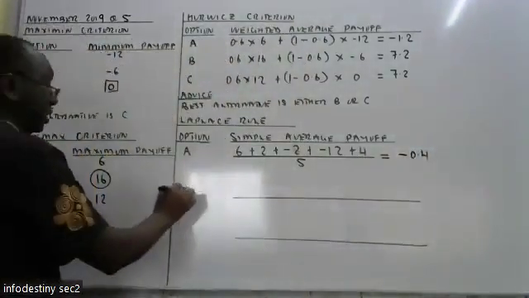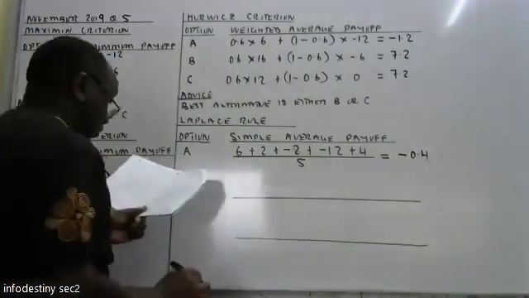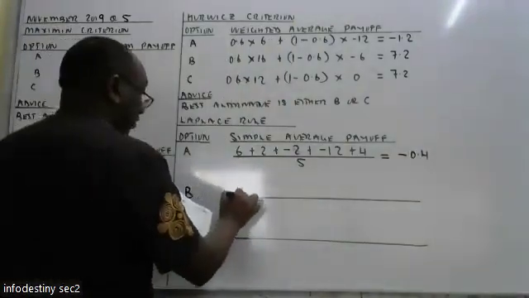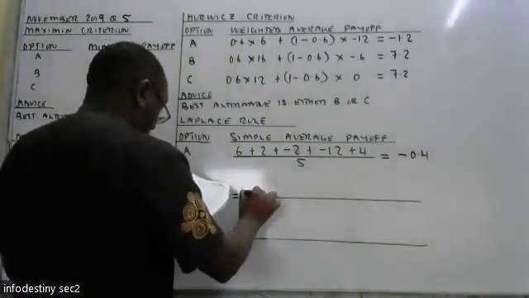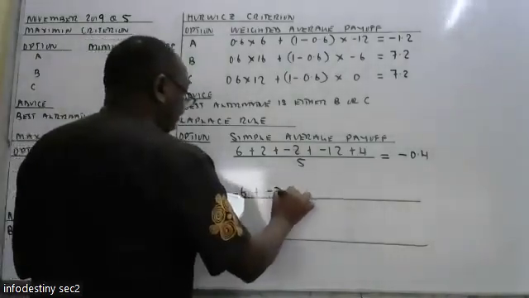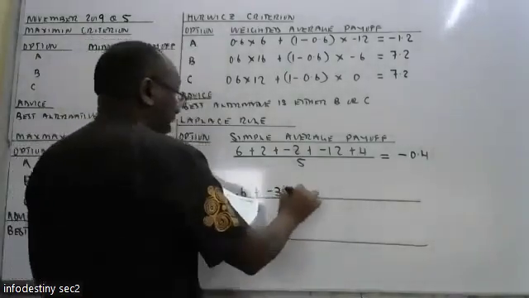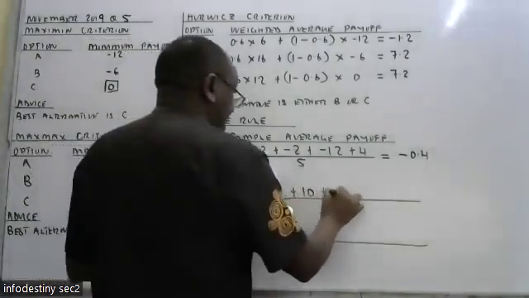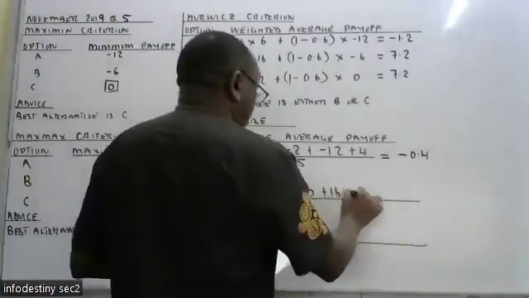You come to B. You do the same. You say minus 6 plus minus 3 plus 10 plus 16 plus 0.